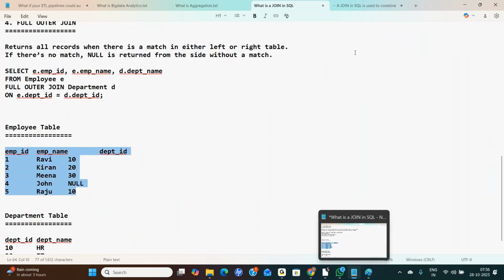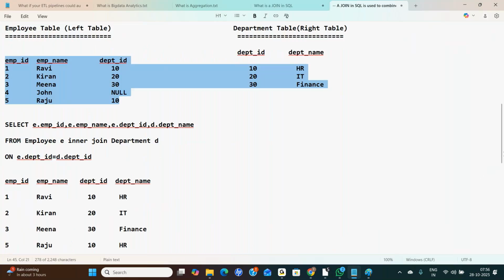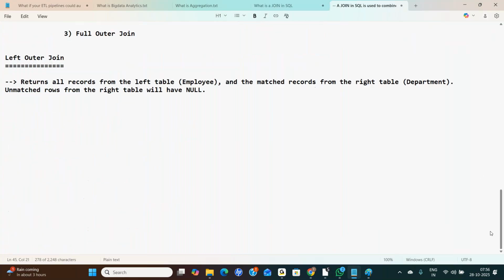Complete left table I am taking. Why? Because all the records from the left table it will return.